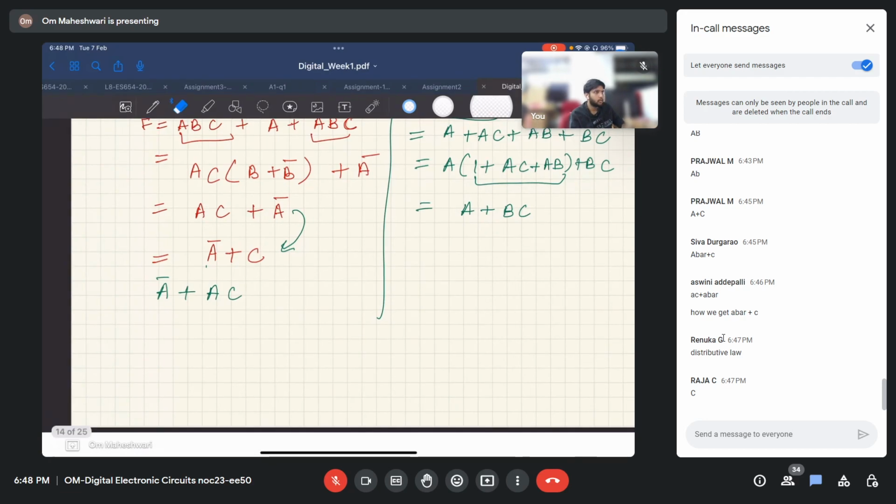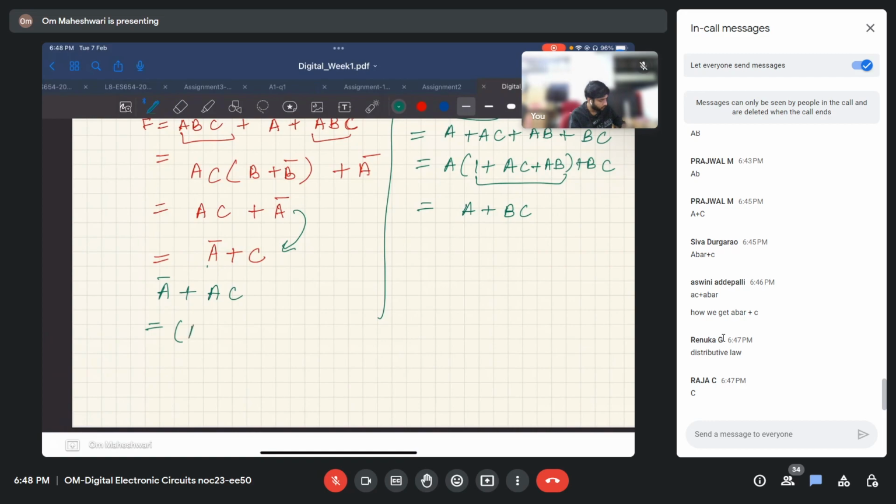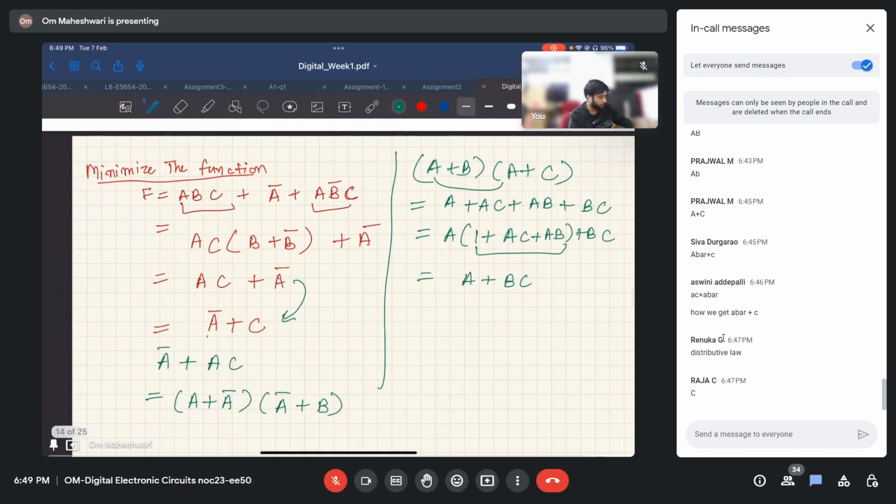You can also write it as A bar plus A and A bar plus C. So here, if you see the difference, we had A plus BC.